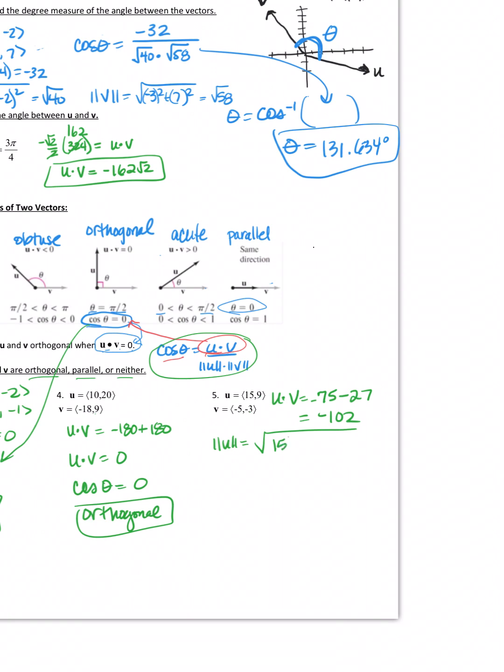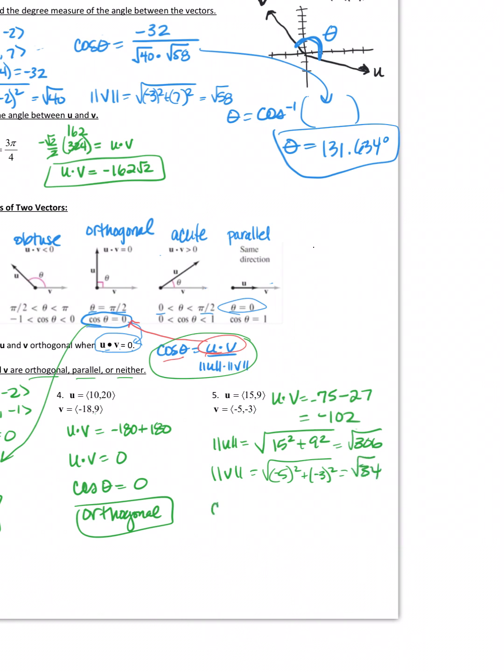So it would be 15 squared plus 9 squared. That's 225 plus 81 gives me a square root of 306. So -5 squared plus -3 squared. So 25 plus 9 is the square root of 34.